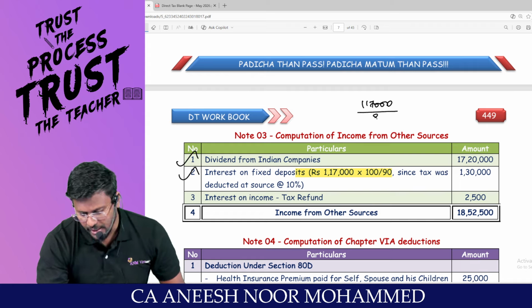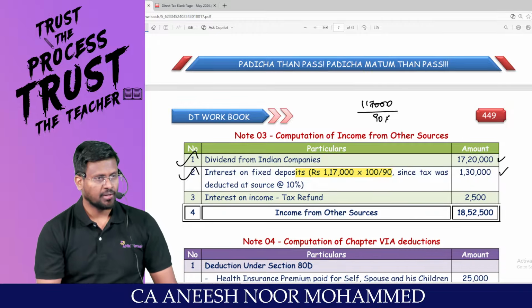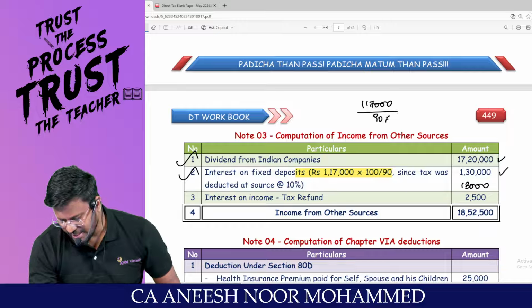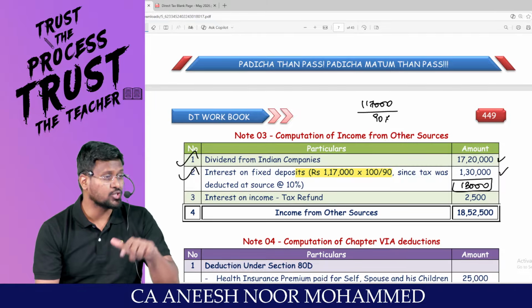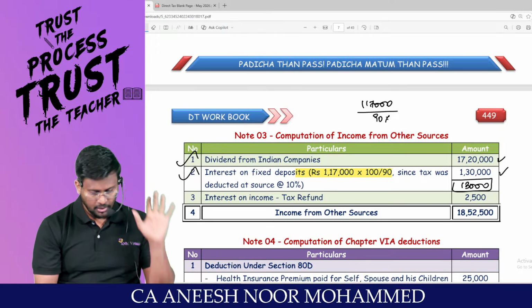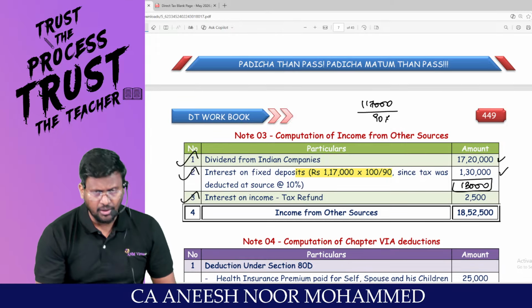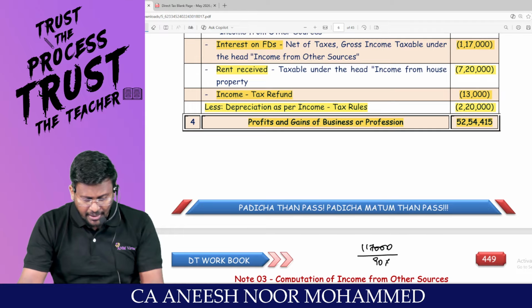1,17,000 divided by 90% comes to 1,30,000. So there is a TDS deduction of 13,000 that you have to note, because this amount has to be reduced after you calculate the tax payable. Are you all really with me? Interest on income tax refund: total amount credited to P&L, we have eliminated is how much?